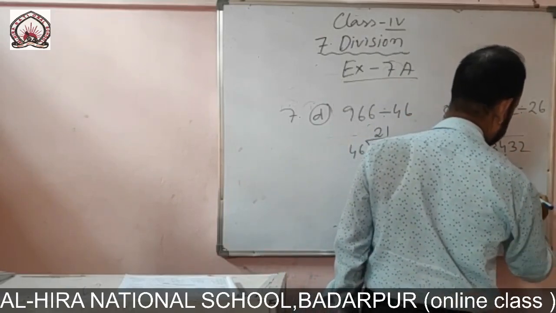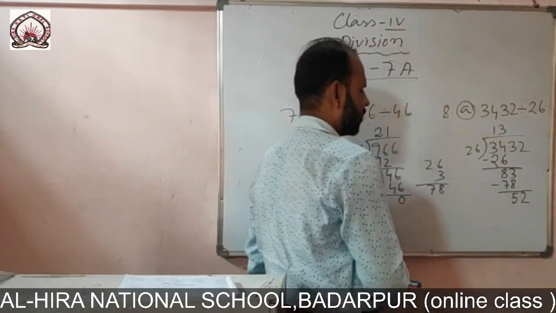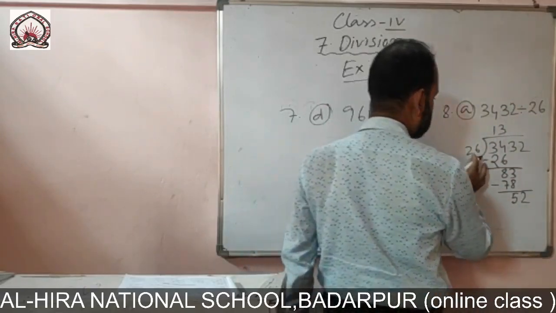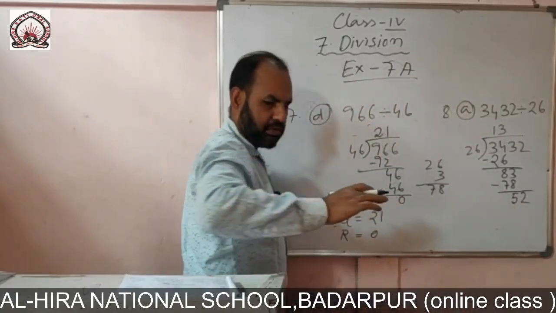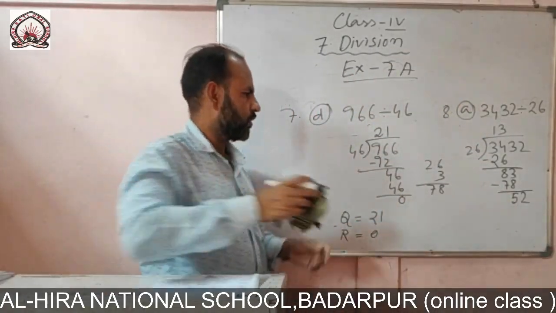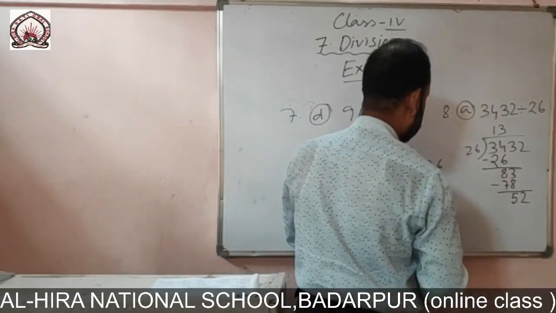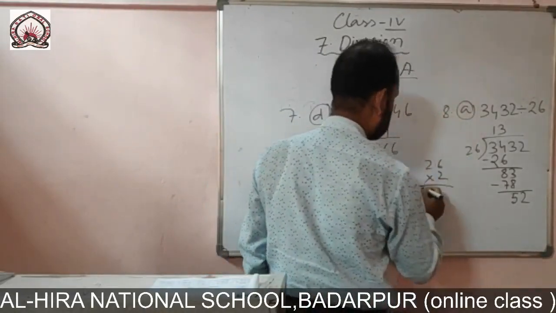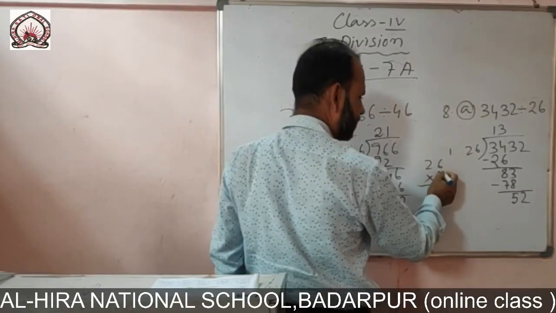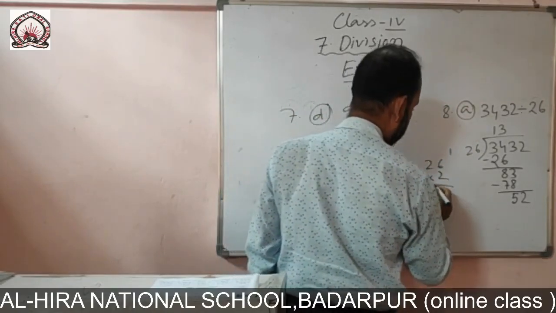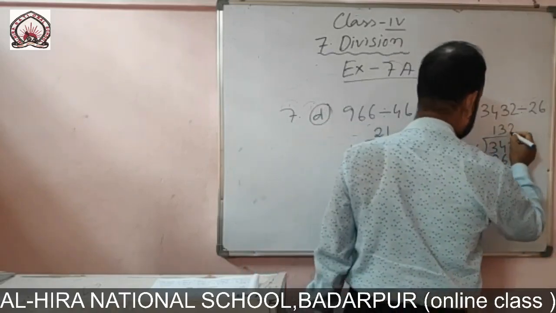So we know that 26 1 jar 26 and 26 2 times equal to 52. 12 2, 1 in my hand, 4 1 5, 52. So 2 times 52.